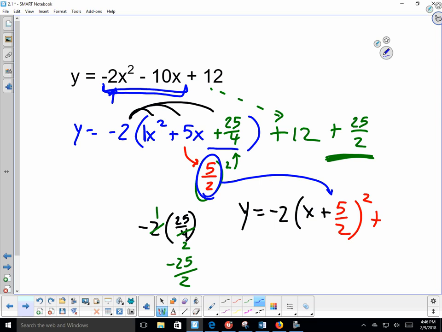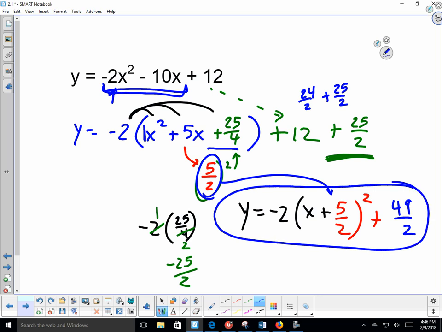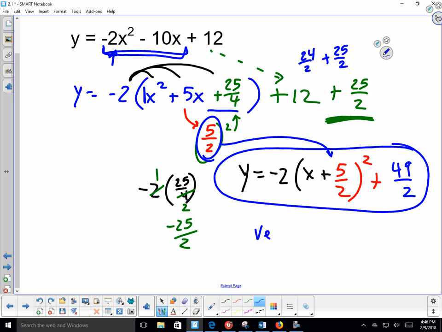Well, the 12 is 24 halves plus 25 halves. That sounds to me like it's going to be plus 49 halves. So this is our equation in standard form, vertex form, and our vertex is going to be negative 5 halves, comma, 49 halves.